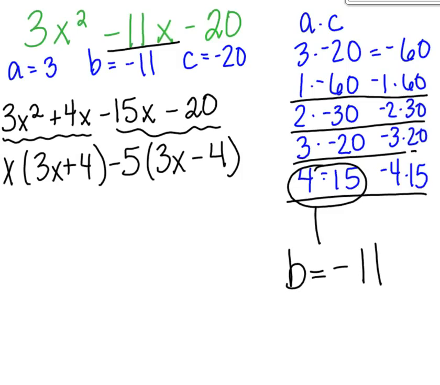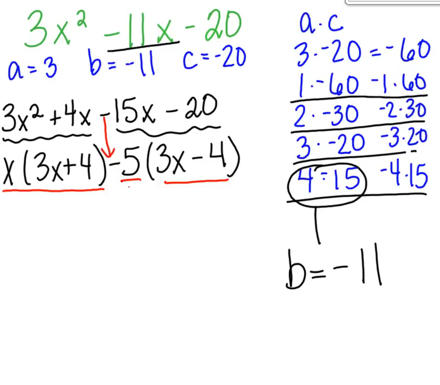Okay, so I got down to where the first two have an x in common, and when I took it out, I got a 3x plus 4. I brought down this minus sign, and I took a 5 out of the last two. And I wrote it as a 3x minus 4. But I know that something is wrong because my parentheses are not the same. One of them has a plus sign and one of them has a minus sign.